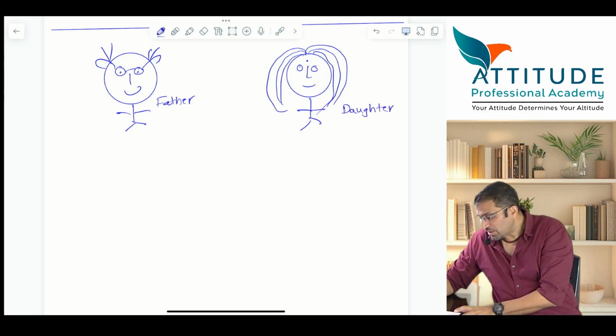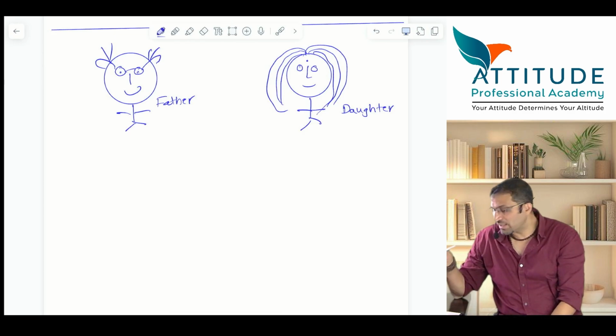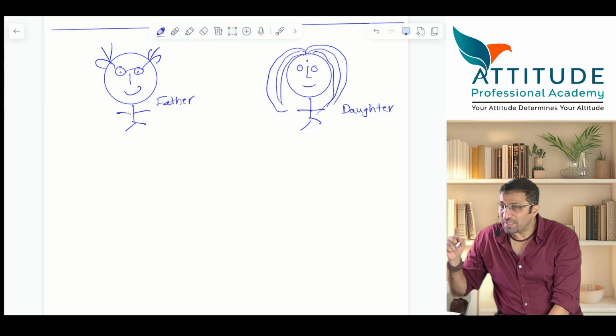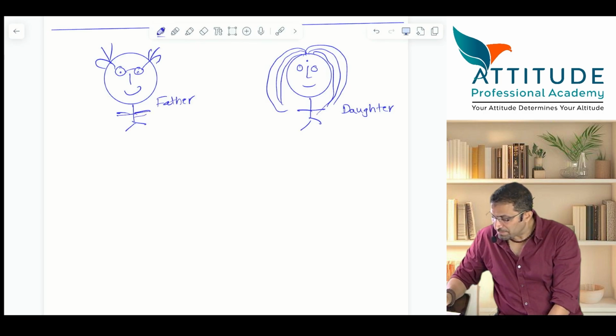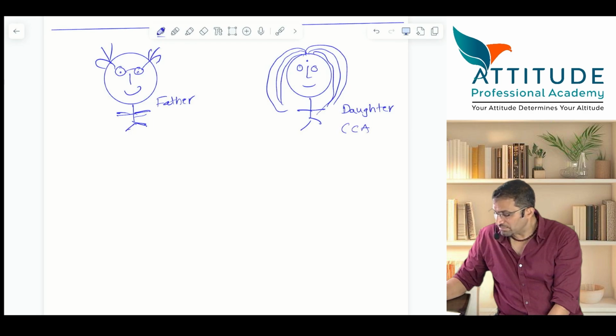Okay. Now look at the conversation between the daughter and father. Based on this conversation, you will have to pass the entries both in the books of father as well as daughter. Father says, daughter, you're a CA now and an MBA, and daughter is working in Bangalore.